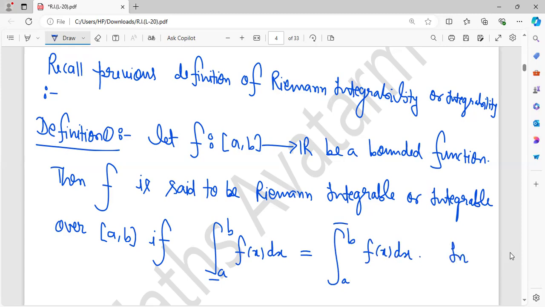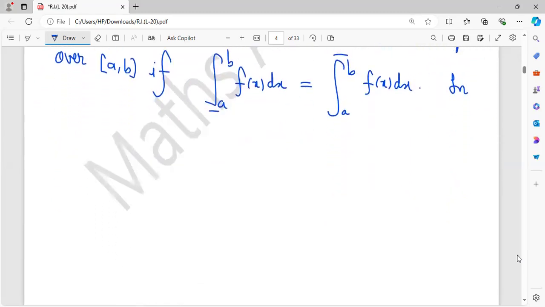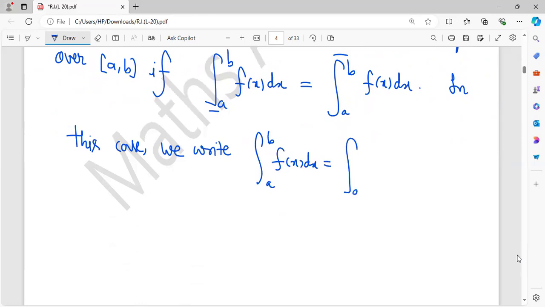In this case, we write the integral from a to b of f(x) dx is equal to the lower integral from a to b, which is equal to the upper integral.